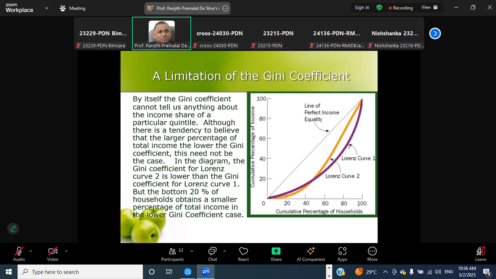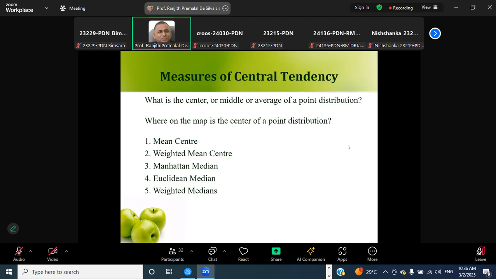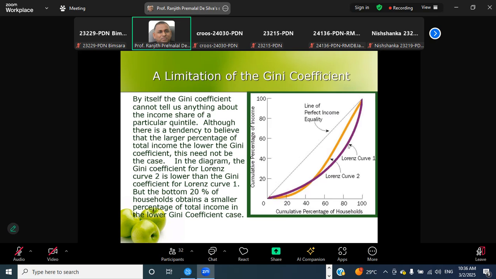Okay. So we learned 4 things now. First one, we learn how we look at a distribution of a variable in a given area compared with the distribution of the base over that area.